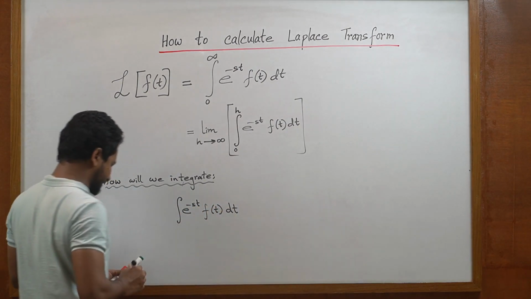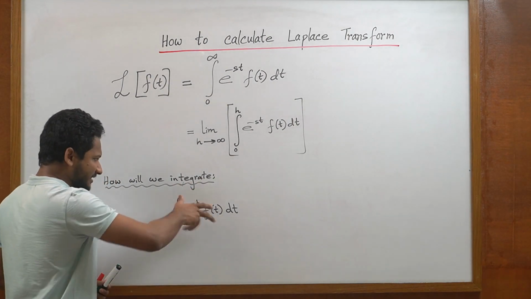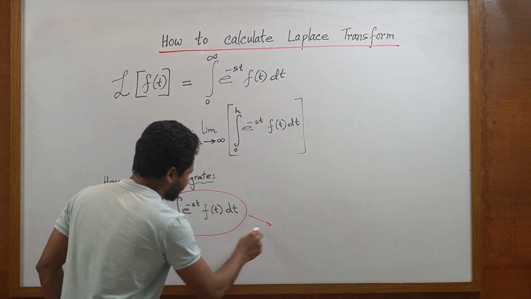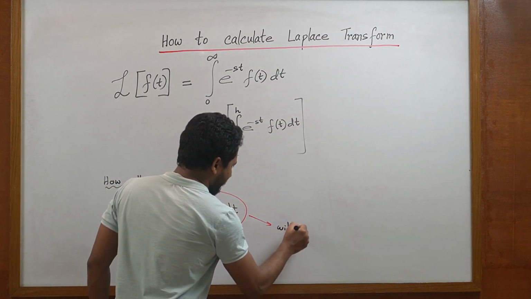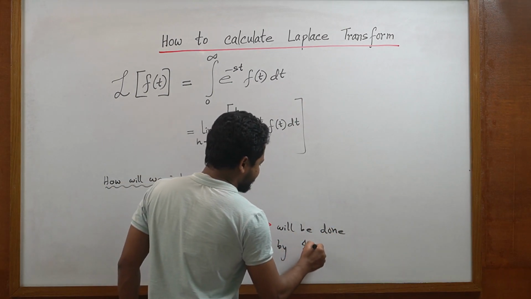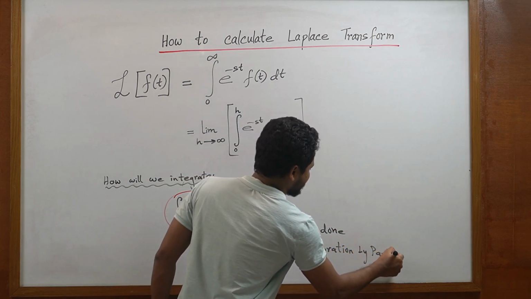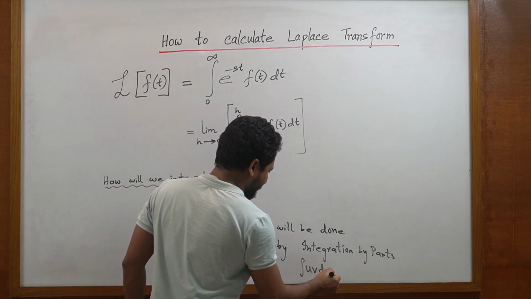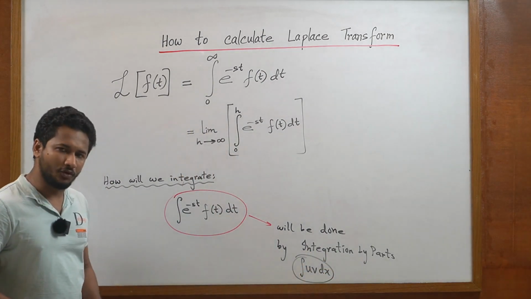This shape is the UV shape, so this integration would be done by integration by parts, that is, integration of UV with respect to x or some other variable.